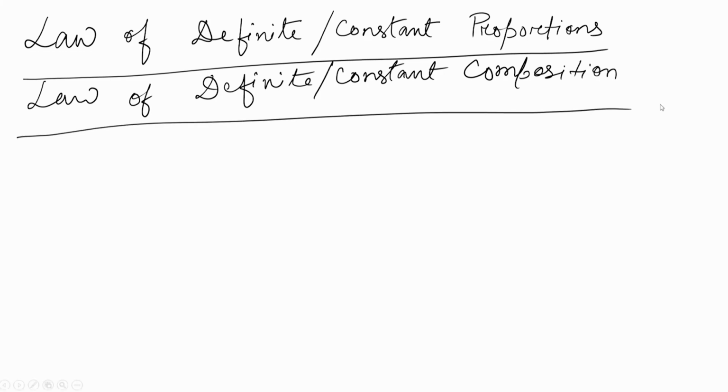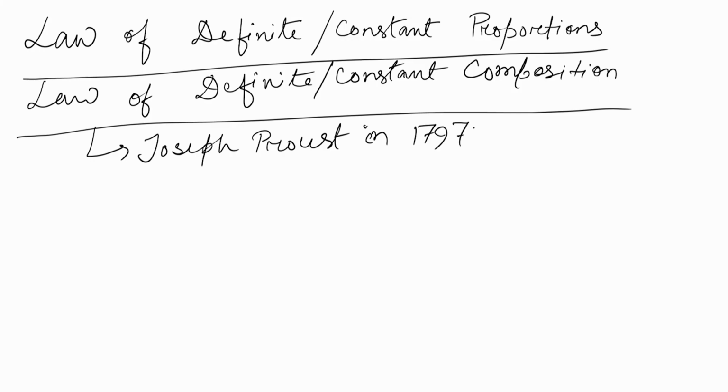So these are the same laws. Law of definite proportions. This law was proposed by Joseph Proust in 1797.